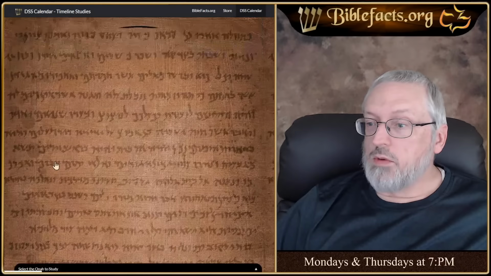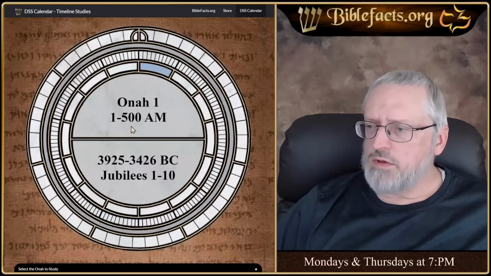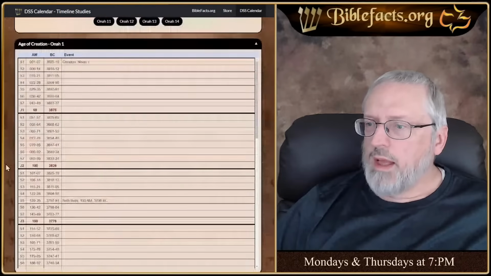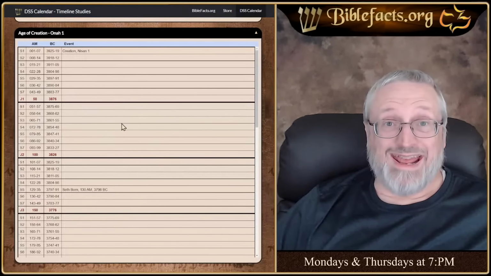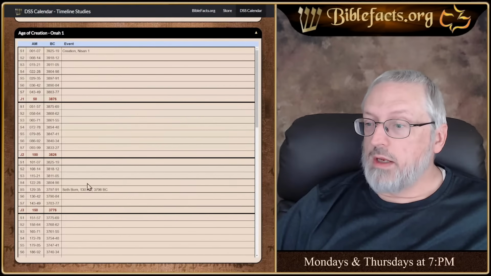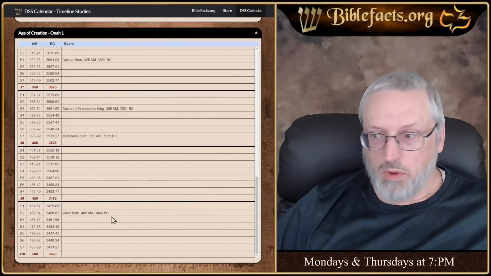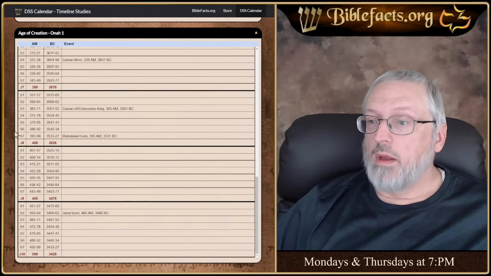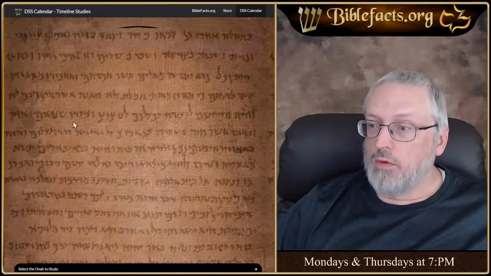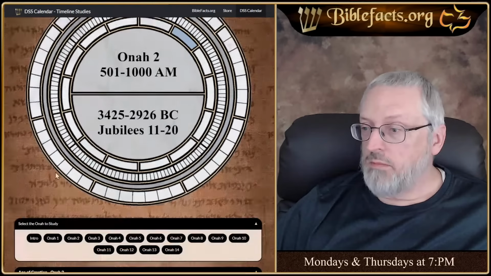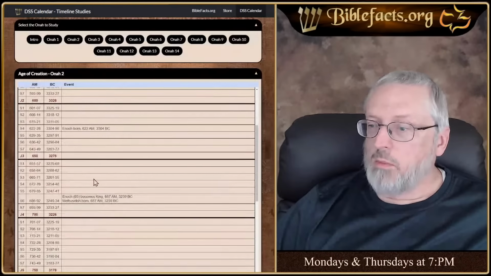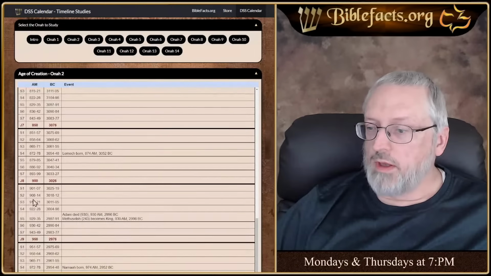So for instance, ona 1 is the first 500-year period, and here we have a chart for everything that happened. So first creation, Seth being born, it gets us all the way down to Jared being born. Not much here. And you get to ona 2, the second 500 years, you get Enoch born, and some of the other things.